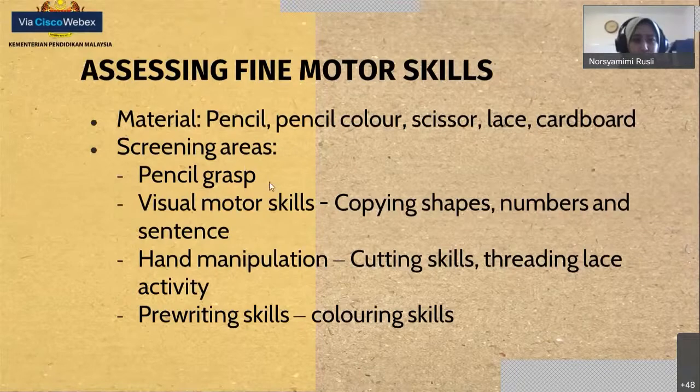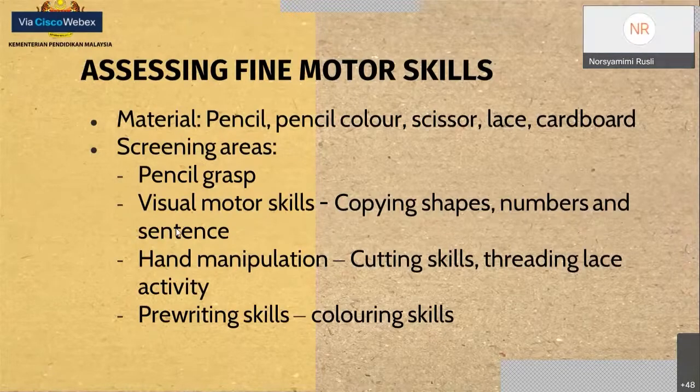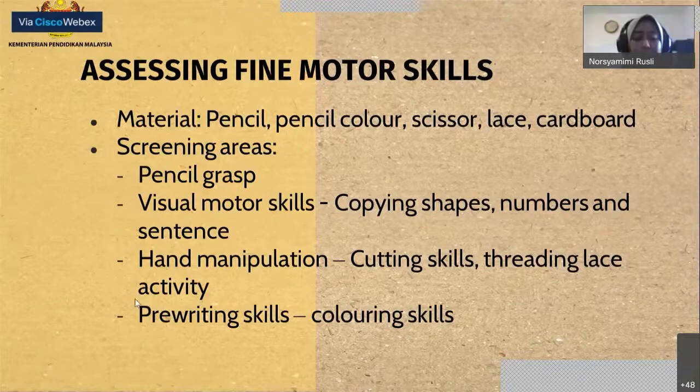The screening areas we want to focus on are the pencil grasp of the child, visual motor skills through copying shapes, numbers, and sentences, hand manipulation through cutting skills and threading lace activity, and pre-writing skills through coloring activities. We'll go through that in the next slides.